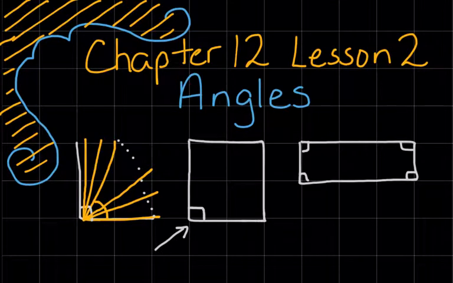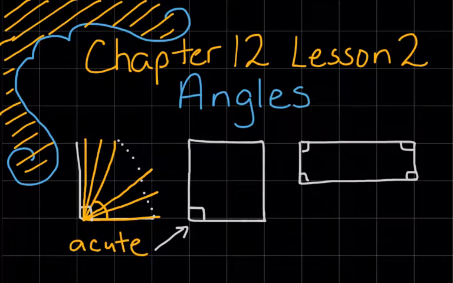And the way Miss Lawson and I love to teach it is it's a cute little angle. Oh, it's so cute. Because the word is acute. That is any angle that is less than a right angle.